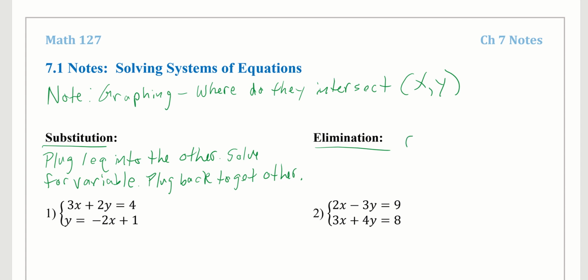You can cancel out one variable, then plug back in to solve for the other variable.